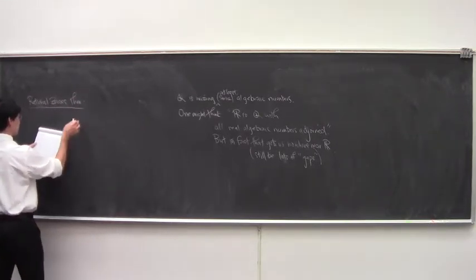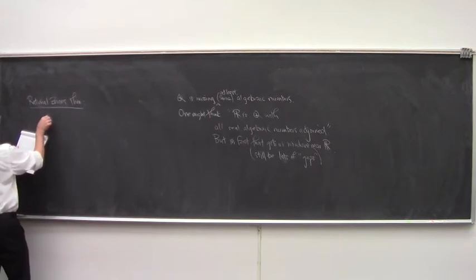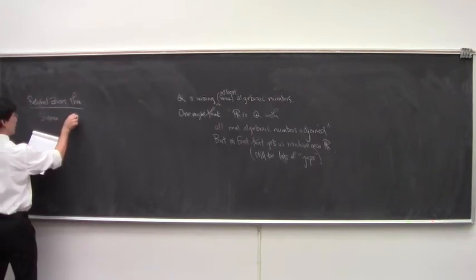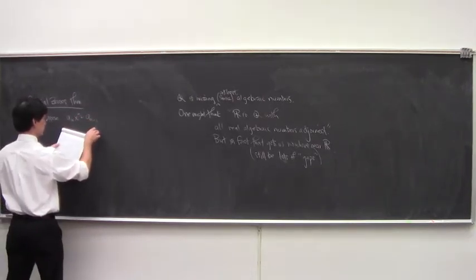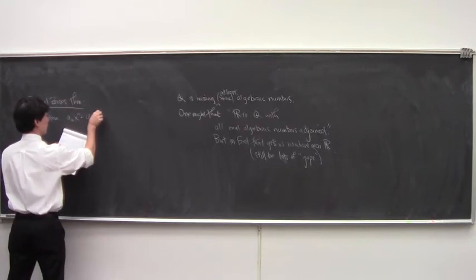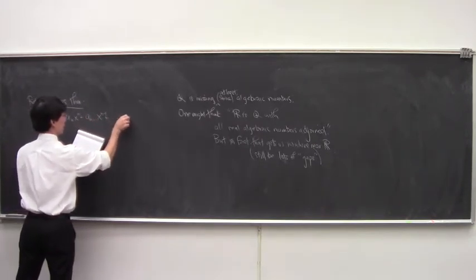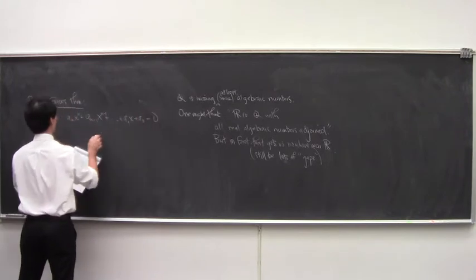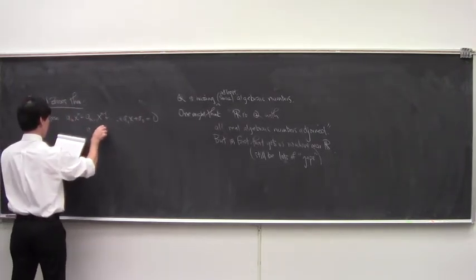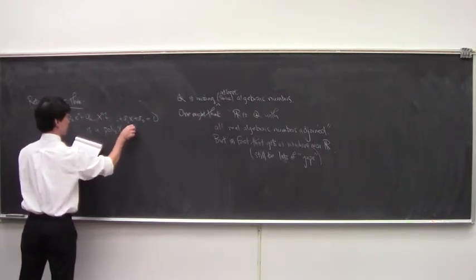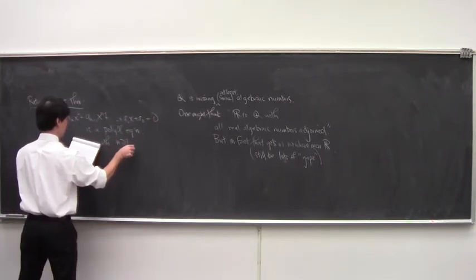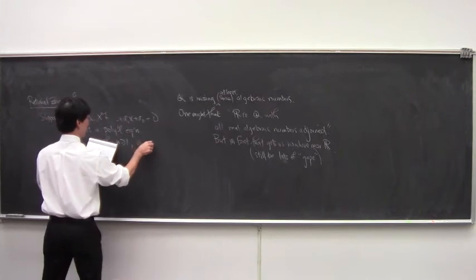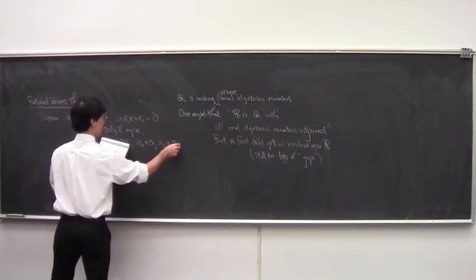So suppose a_n x^n + a_{n-1} x^{n-1} + ... + a_1 x + a_0 = 0 is a polynomial equation with n greater than or equal to 1, a_n not equal to 0, and a_0 not equal to 0.